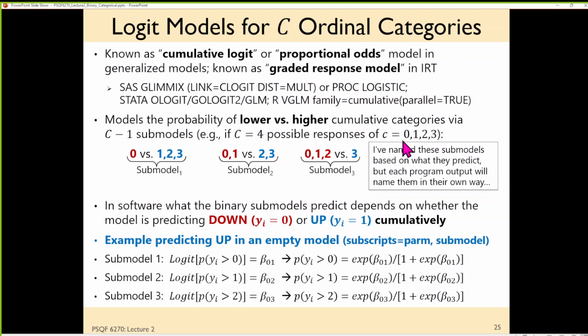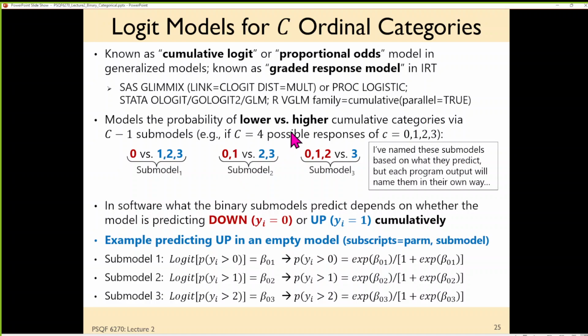So if I had 4 answer choices that corresponded to 0, 1, 2, 3, I'm using numbers here, but this would apply to anything that's like never, sometimes, often, always, or strongly disagree, agree, like usually there's words involved, but I'm using the numbers just to sort of keep it generic and applicable to everything.